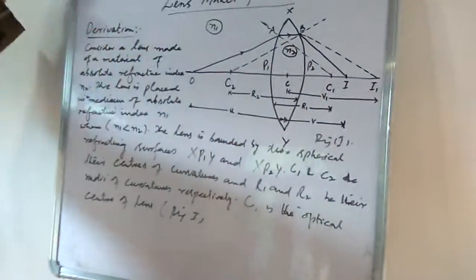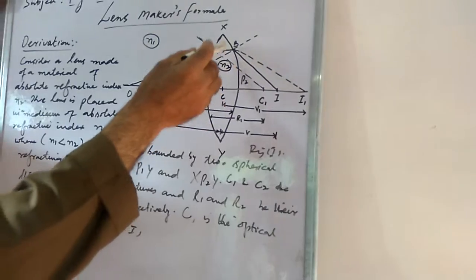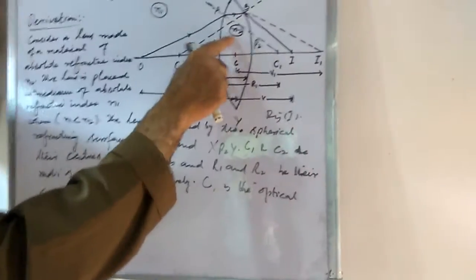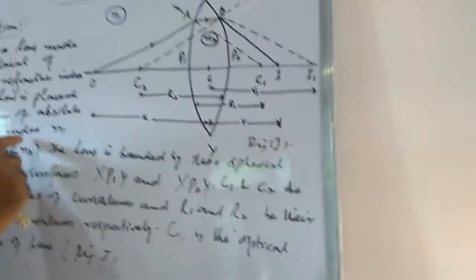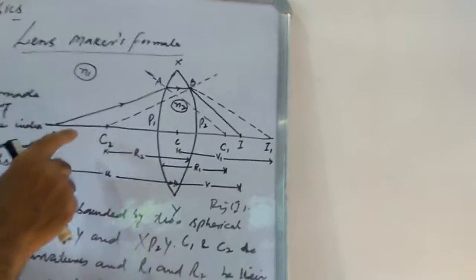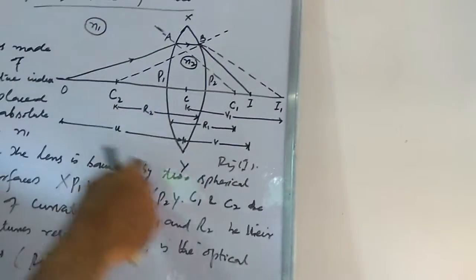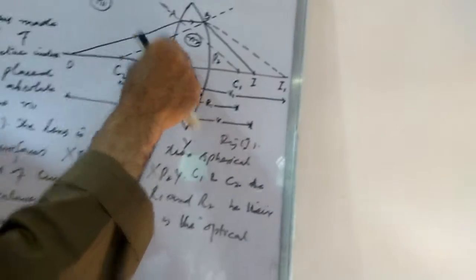Here I have drawn the figure. This is a convex lens made of a material of absolute refractive index N2. The lens is placed in a medium of absolute refractive index N1, where N1 is less than N2. That means the refractive index of the medium is less than the refractive index of the material of the lens.